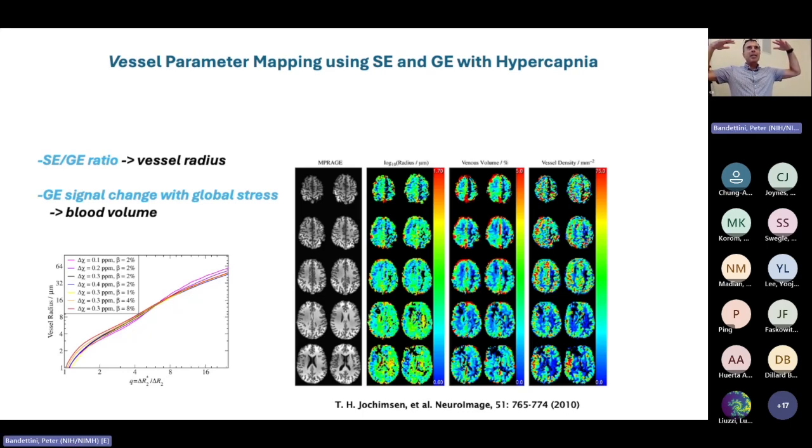And the BOLD signal will only be in proportion to what the blood volume is in each voxel. So where it's high is where there's a high blood volume. And that's what they found, that they're able to map blood volume, and also within those areas, looking at the spin echo to gradient echo ratio, they're able to map the vessel size. And so that was kind of nice.